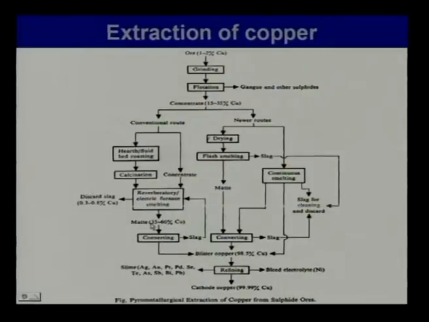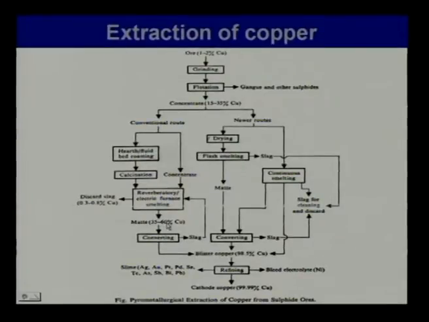Matte is a mixture of copper sulphide and iron sulphide, which means that copper sulphide which was in the concentrates is left practically untouched. Only the iron sulphide part is oxidized, that too incompletely, so that it only goes to the FeO stage, that FeO is slagged out, and the rest of the iron sulphide and copper sulphide form a sulphide solution called matte, which can have 35 to 60% copper, the rest will be iron as iron sulphide.